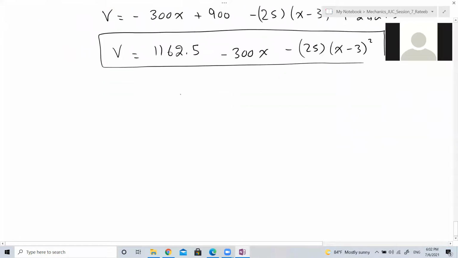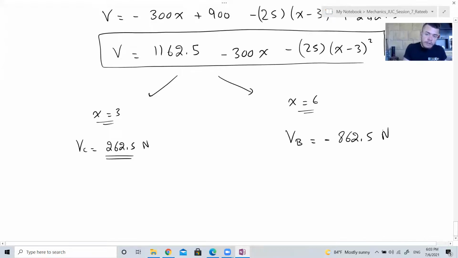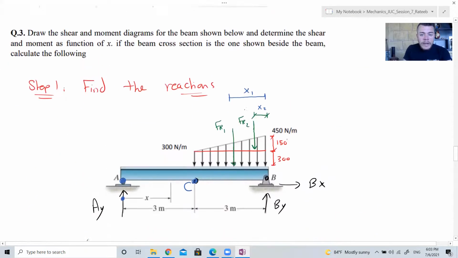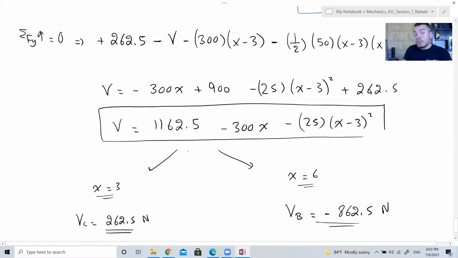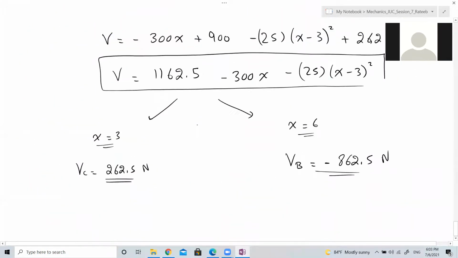Now we evaluate at x equal to 3 and at x equal to 6. At x equal to 3, you get the shear at C, which is 262.5 Newton. And if you put x equal to 6, you get the shear at B, which is minus 862.5 Newton. Because at x equal to 6, guys, you are at point B, and at x equal to 3 you are at point C.